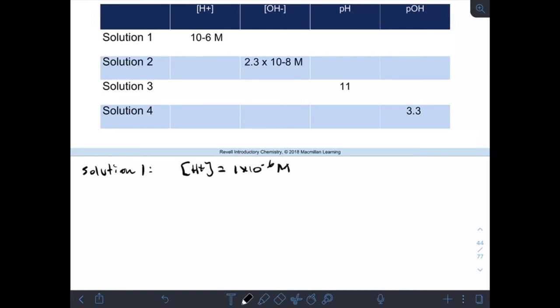Remember, we're talking about concentration, and its units are molarity. The first thing it's asking me for is the OH minus, so I can use the relationship of H plus to OH minus and solve for that.